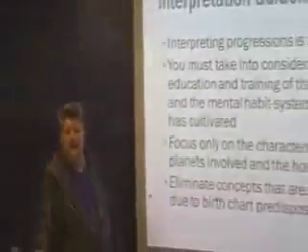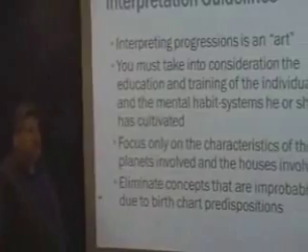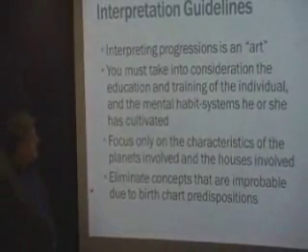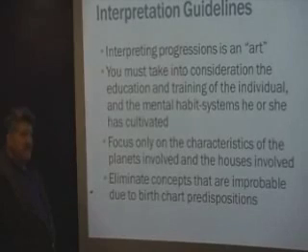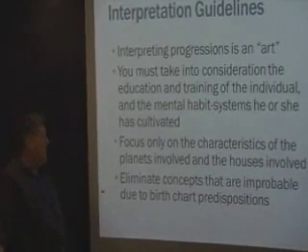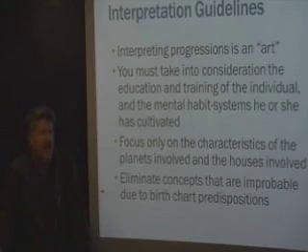All right, eliminate concepts that are improbable due to birth chart predispositions. Like their general age, where they were born? Those sort of things can be, but birth chart predispositions could be, let's say someone has a dominant Saturn.